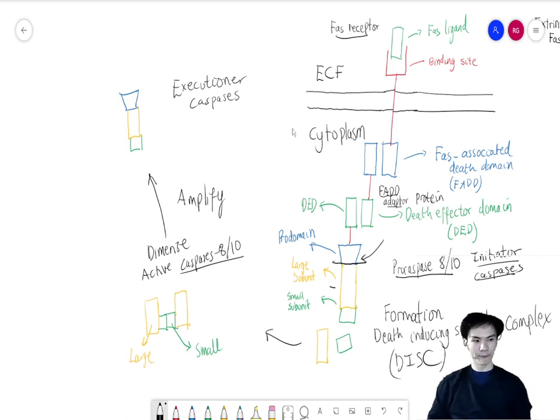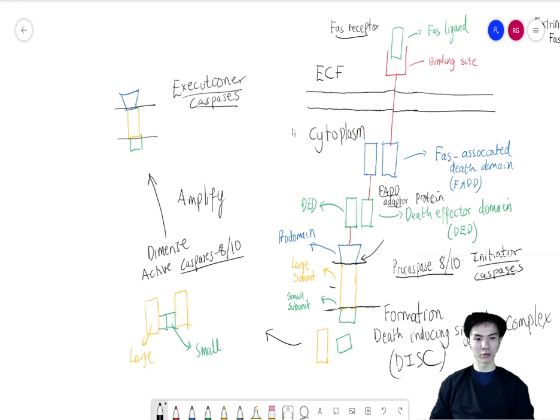And remember when I said all the procaspases are activated by cleaving in these two sites between the prodomain and the large subunit, and between the large subunit and the small subunit? Well, what our active caspase 8-10 can do is actually cleave the sites of other executioner caspases.